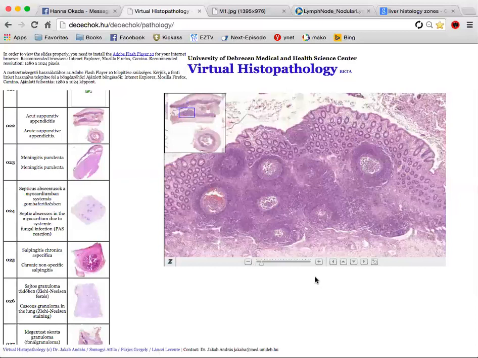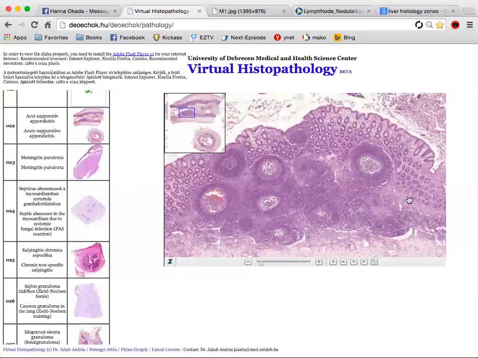If you obstruct the lumen, there's stagnation of all this fecal matter inside, and there will be bacterial overgrowth, and that's what leads to this inflammation. So in kids, it's mostly because of lymphoid hyperplasia in the MALT area, and in adults, it's because of fecal matter that obstructs the lumen.